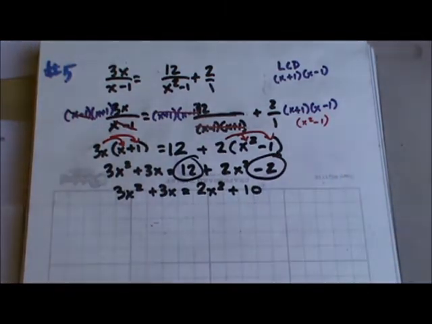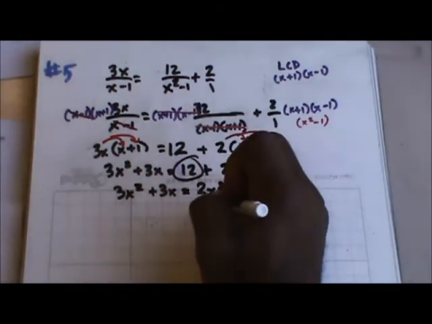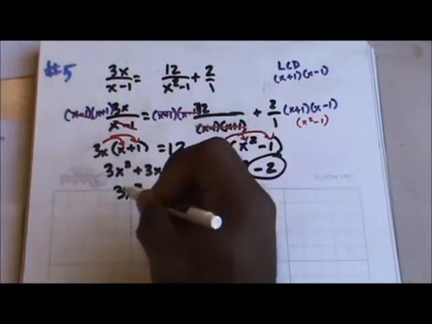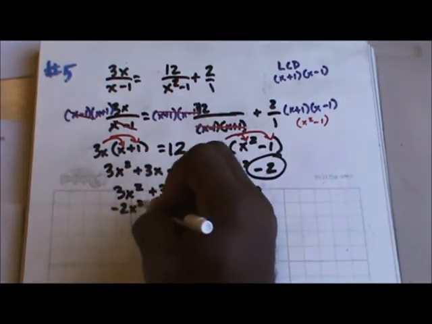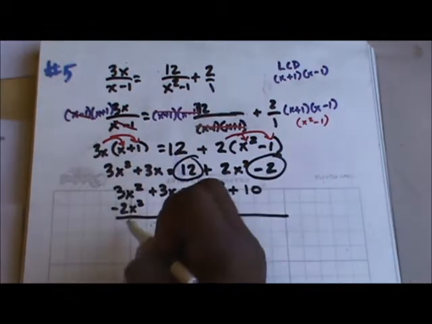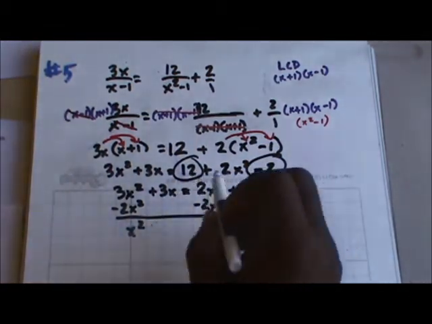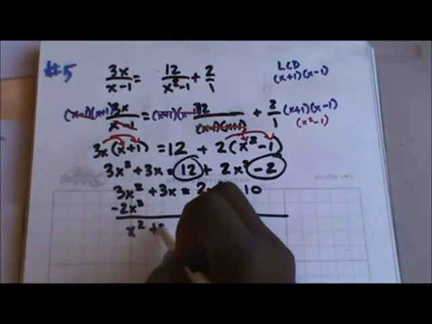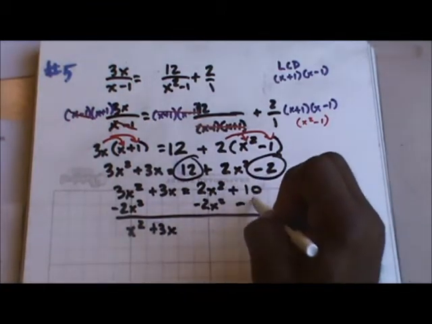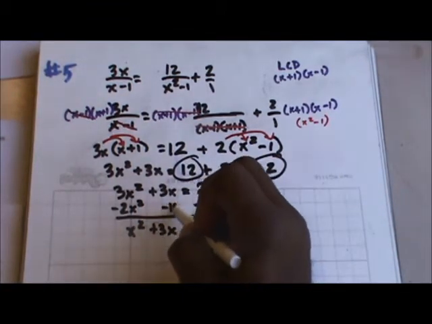Since our highest exponent is 2, we want to move everything to one side. We're going to start by subtracting 2x squared from both sides. If we do that, we end up with x squared plus 3x, and then we also subtract 10 from both sides.